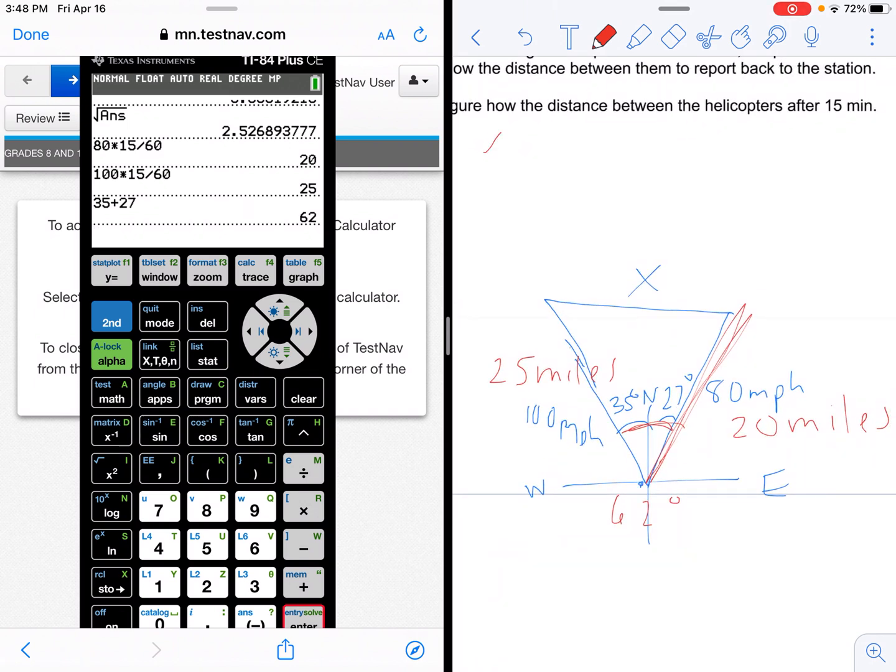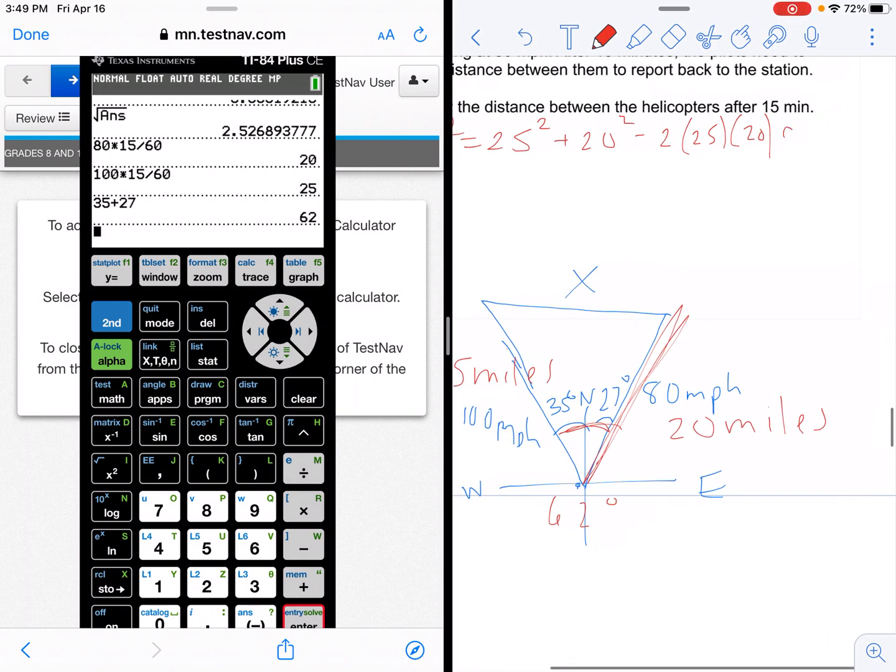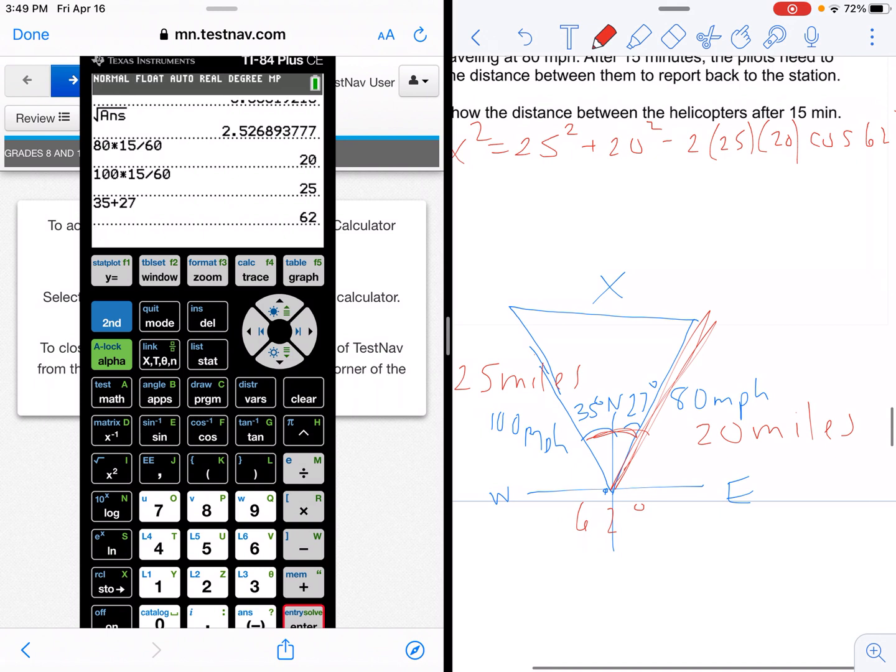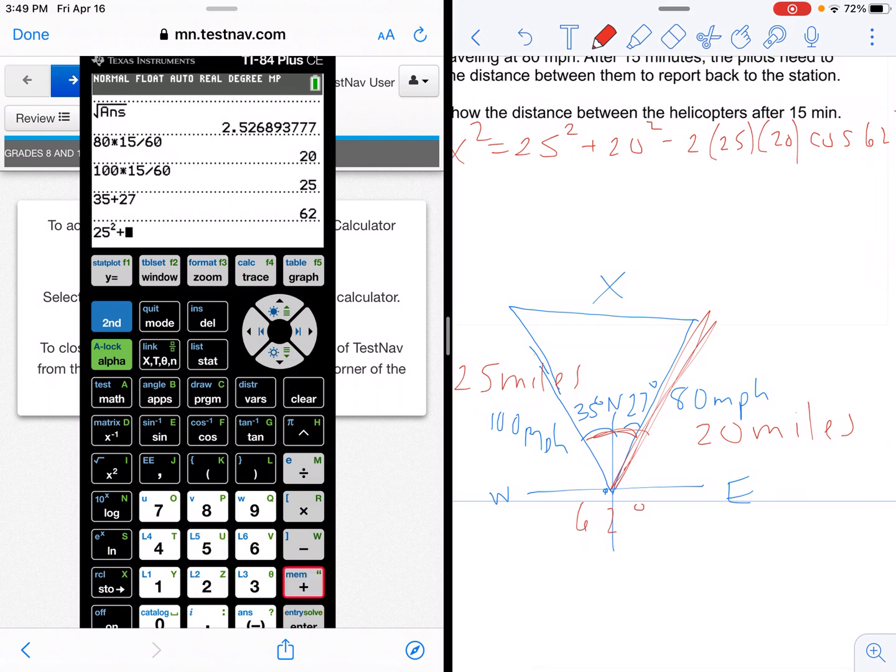So I'm going to do x squared equals 25 squared plus 20 squared minus 2 times 25 times 20 times the cosine of 62 degrees. And I can really do 25 squared plus 20 squared at the same time to save a little bit of time.